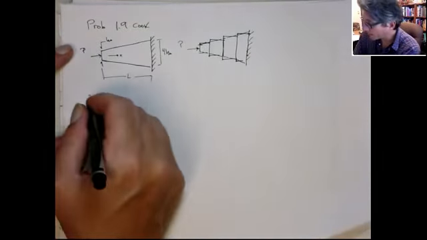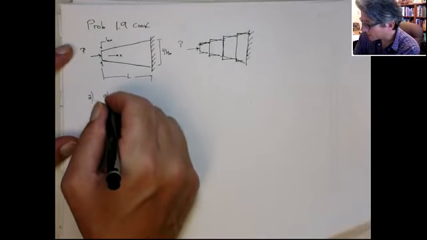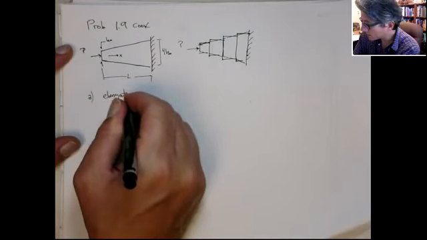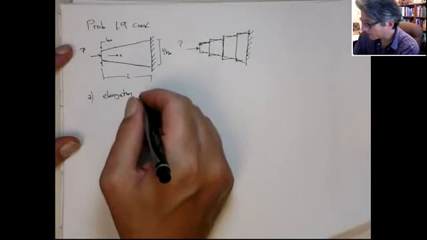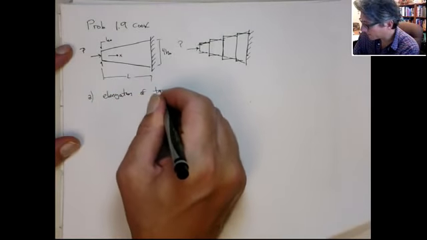The first part of the problem is they want you to find the elongation of the tapered beam.